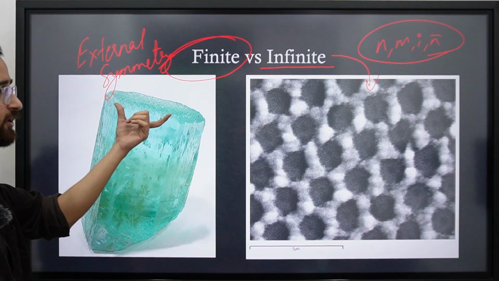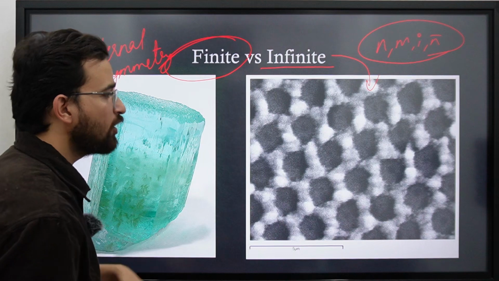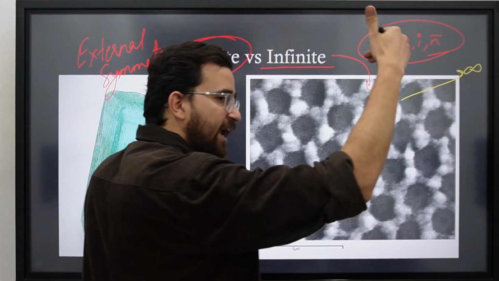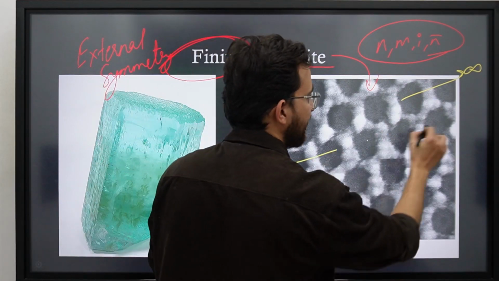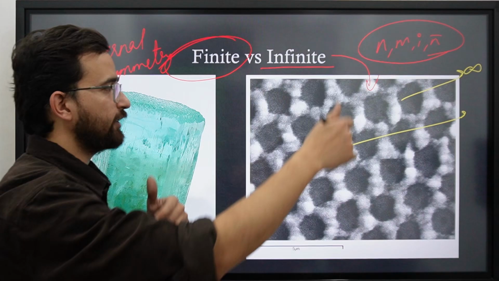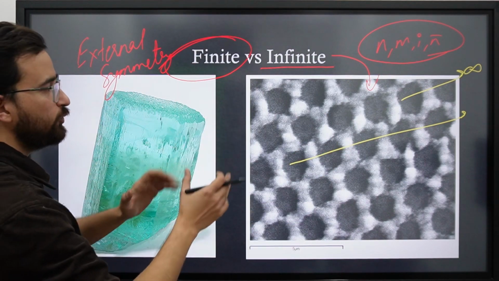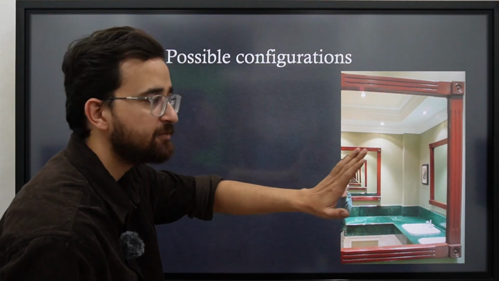In the finite world, the specimen has to end. Obviously this infinite world has some boundary, it is ending at some point, but at the scale at which you are looking, it looks like it is going till infinity. But the hand specimen, because it has a fixed volume, you cannot have such an arrangement in a hand specimen.